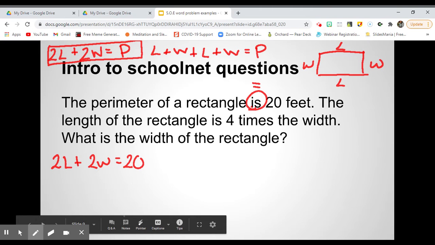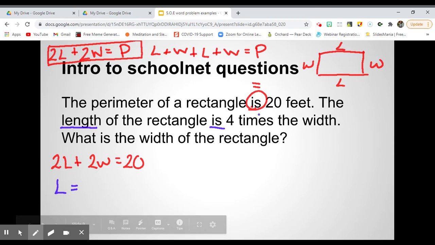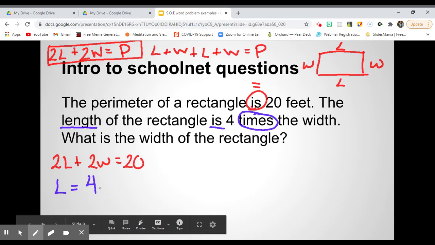Then it says the length of the rectangle is 4 times the width. Times will be multiplication, so L is equal to 4 times the width. Here in this system of equations, we have a variable that is already isolated, equal to something, so I'm going to suggest that we use substitution.